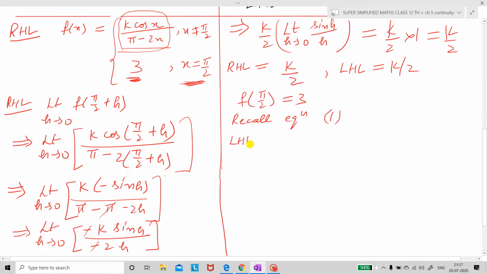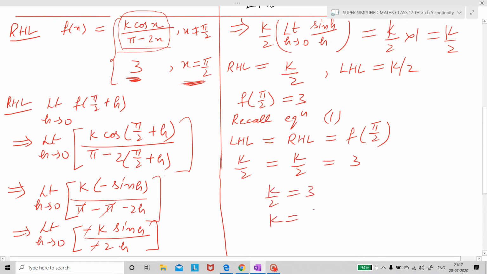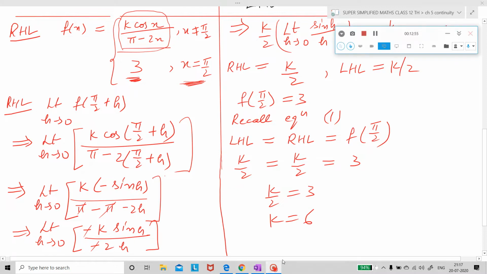It was given to us that left hand limit is equal to right hand limit is equal to the value of the function at pi by 2. Left hand limit's value is k by 2, right hand limit's value is also k by 2, and the value of the function at pi by 2 is 3. So I can equate k by 2 to 3, and the value of k comes out to be 6.